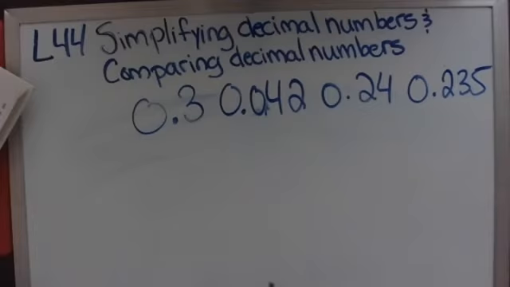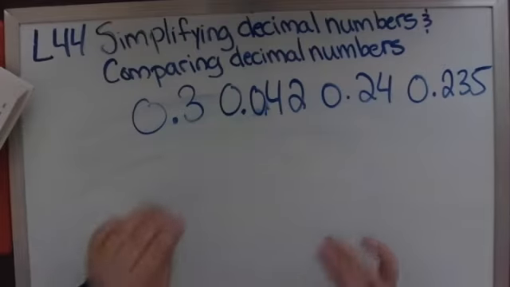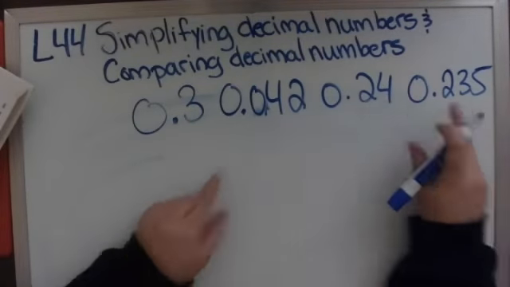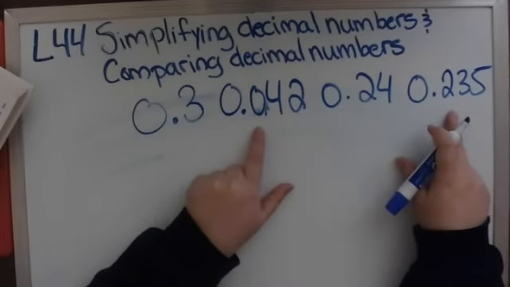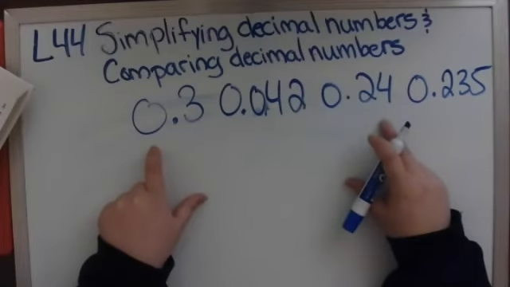We need to put these from least to greatest. One way to do this, if you have a little problem sometimes remembering that the farther this way you go, the bigger you are, is you can make them all have the exact same amount of places. So these two have three decimal places. These two have 2. We want to change these to have 3 decimal places.